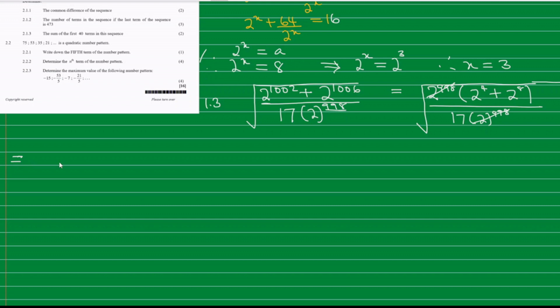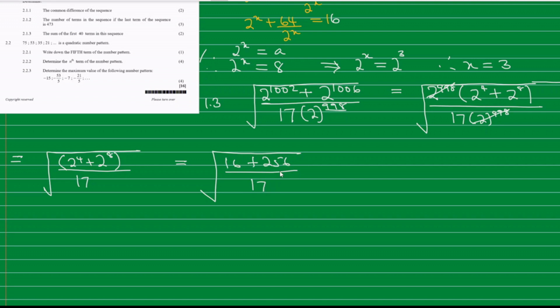We are going to have now the root of 2 to the power 4 plus 2 to the power 6 over 17. Okay, and this is going to simplify into 2 to the power 4, that is 16, plus 2 to the power 8, that is 256 over 17.